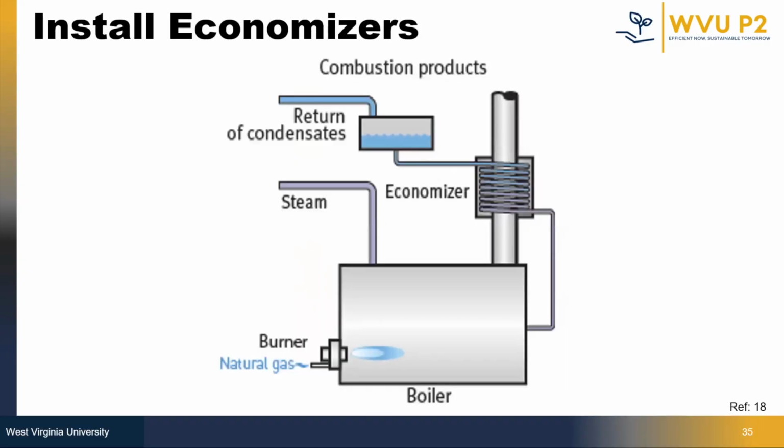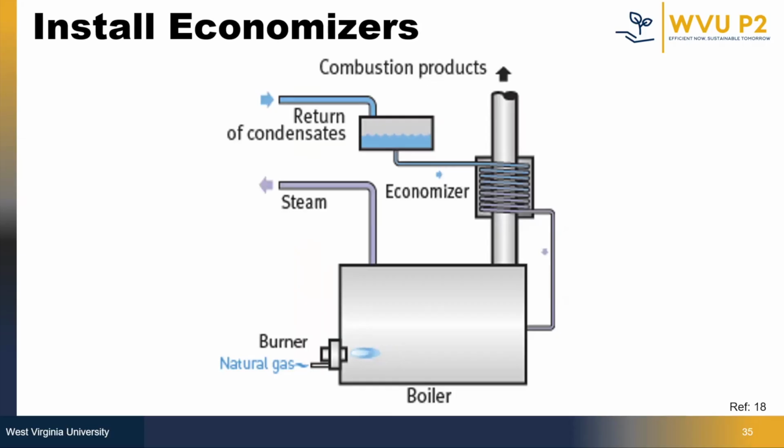An economizer is a device that recovers wasted heat from a boiler exhaust stack. This recovered heat can preheat the water entering the boiler, which improves the efficiency and saves energy. The device captures both sensible heat related to the temperature change and latent heat.